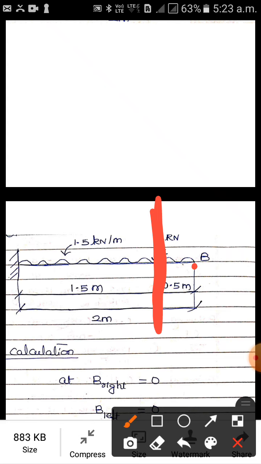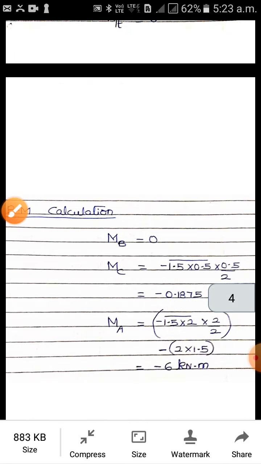Bending moment is load into distance, so it is 0. So what you have to consider? You have to only consider the UDL. So what is the bending moment for the UDL? The intensity of UDL is 1.5 into 0.5. So that into 0.5 by 2. I already told you, always the UDL will act at the center. So from the center to the C point is 0.5 by 2. Okay. So see here.